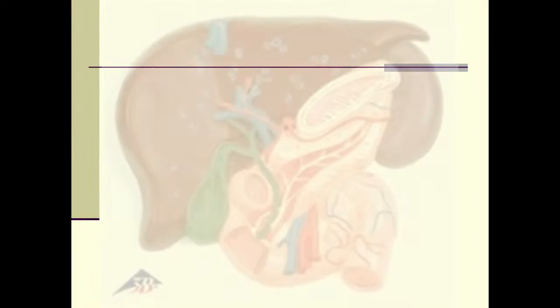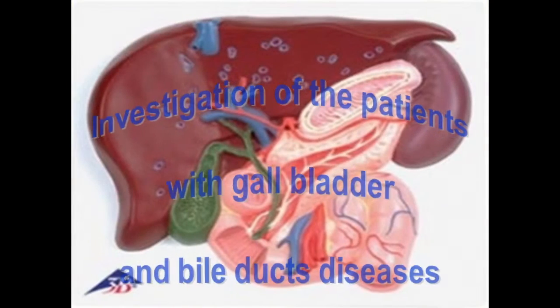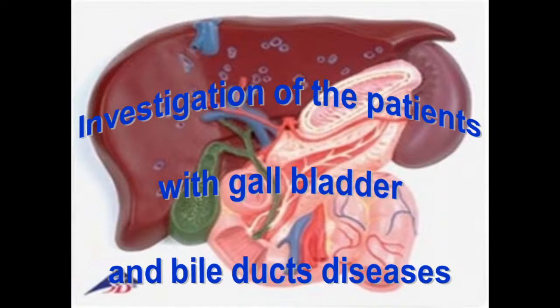The next question on which we'll stop today is examination of the patient with gallbladder and pancreas diseases. I'll give you both organs today at the same time, because they are tightly connected with a common duct through which bile and enzymes of the pancreas enter into the duodenum.